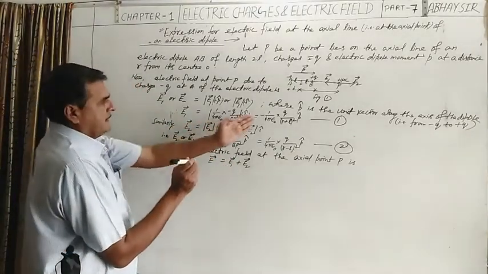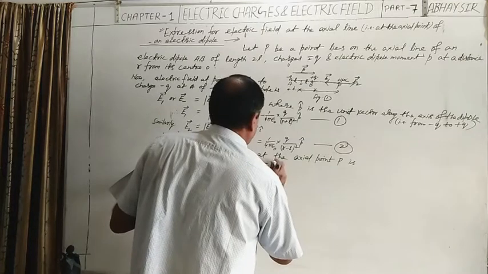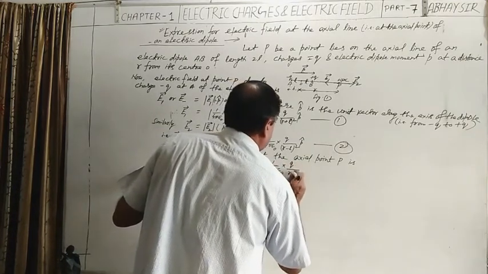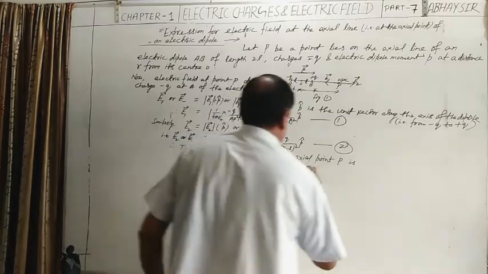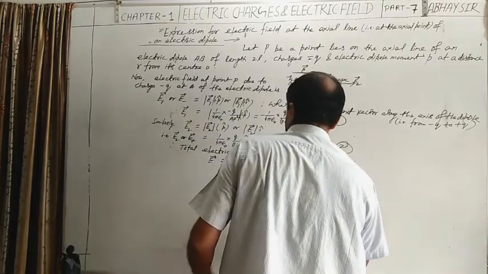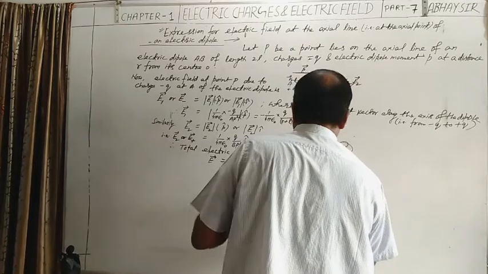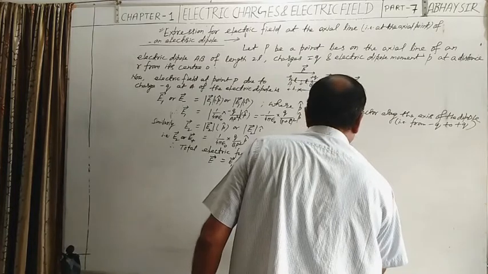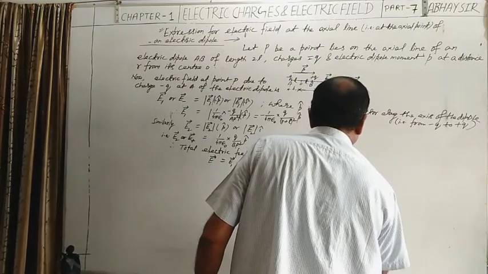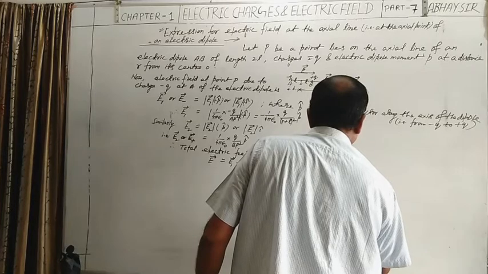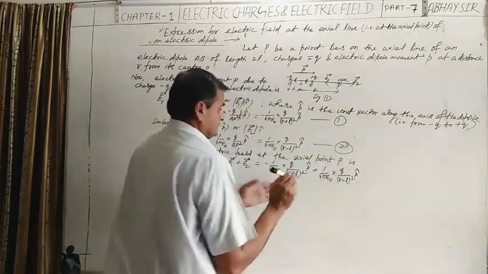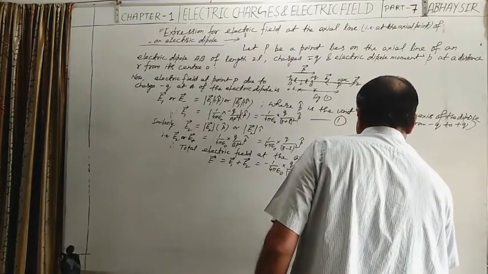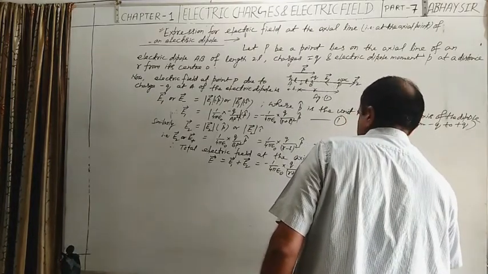E1 is minus 1 by 4 pi epsilon naught Q upon R plus L square P cap, plus E2, which is 1 by 4 pi epsilon 0 Q upon R minus L square P cap. This equals 1 by 4 pi epsilon naught, which is taken out of the bracket.